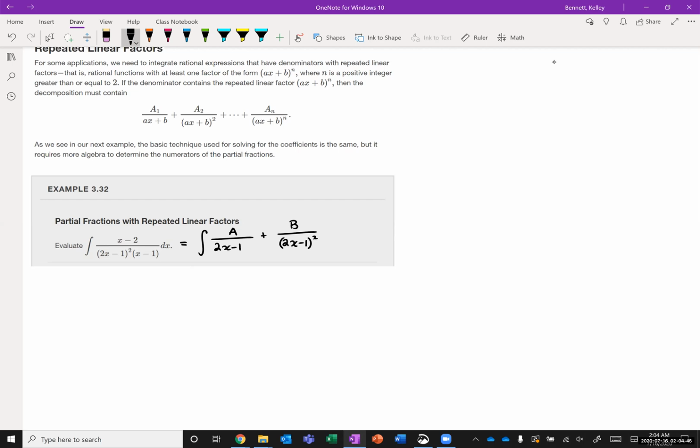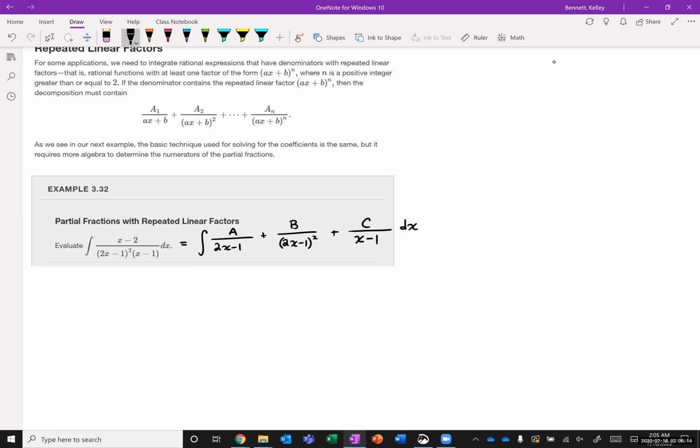So let's say this was cubed. Just imagine, if you will, if that had been cubed, I would have yet another one, and then it would be cubed. And that would be a long, boring problem. Okay, but that's not the case, yay. So I took care of my repeated linear factors, and then I still need to remember x minus 1.